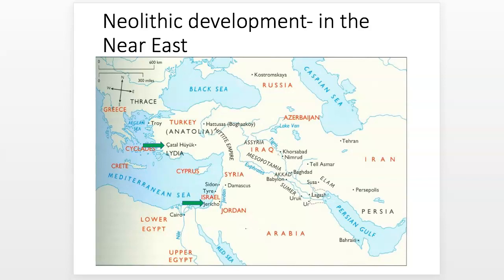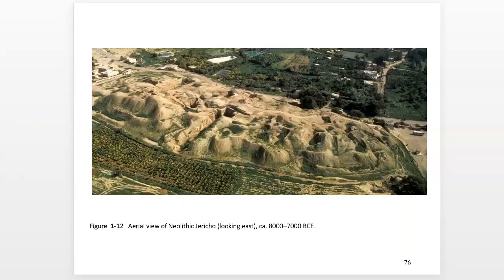So we're going to look at Jericho first here and some different objects that were found there, specifically the Jericho skulls. So this is an aerial view of Neolithic Jericho. Jericho is one of the oldest sites of a fortified city.